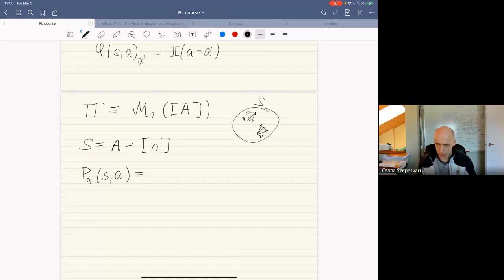We're going to make this super simple. Whatever action you choose, you go there with probability 1. So this also means that you don't go to any other state ever.